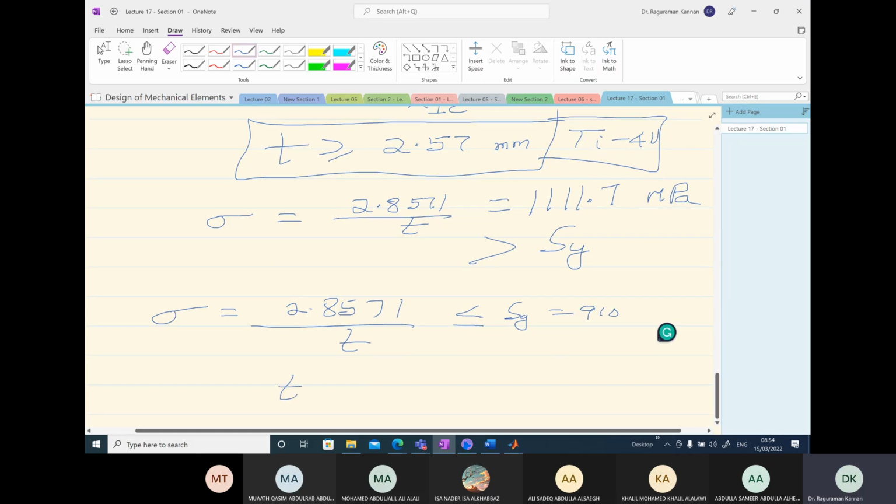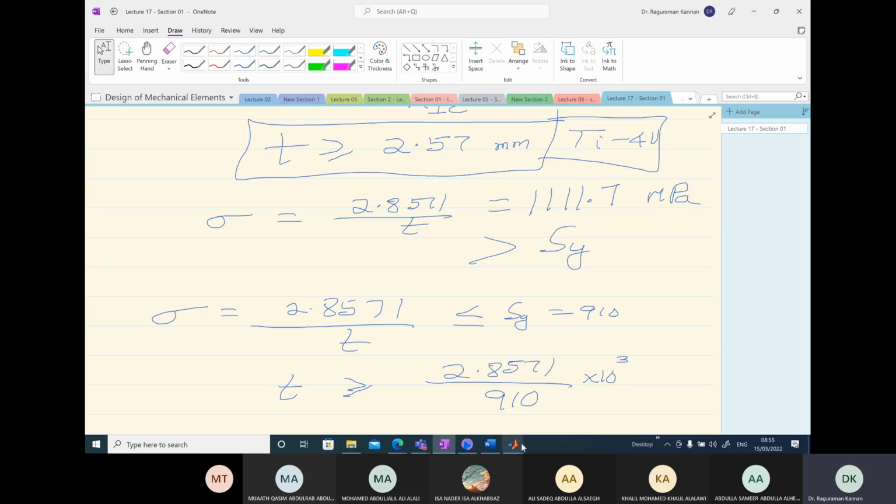T should be greater than or equal to, remember the result on the left hand side is in megapascals already, and T will be in meters. If you calculate that, 2.8571 over 910. Let's convert that into millimeters, that means 10 power 3. What is the result we get? Let's calculate that.